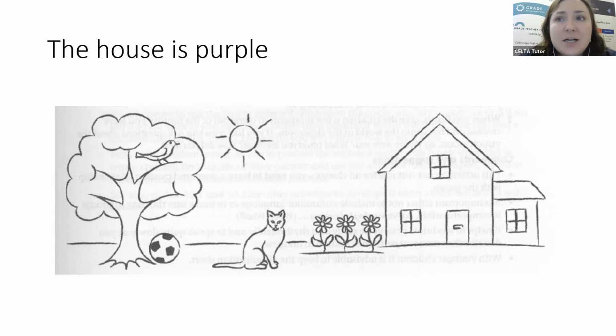You can say color the tree brown, color the bird blue, color the flower pink. So the next step is when your students already know some language and you switch from numbers to objects. So this is one of the activities that can grow and develop with your learners. And so this is the next step.